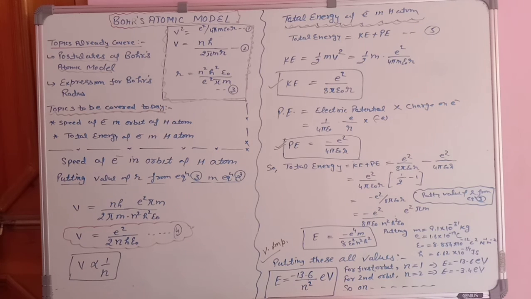If first orbit, n equal to 1, its value will be minus 13.6 electron volt. Second orbit, n equal to 2, minus 3.4 electron volt. Then third orbit, fourth orbit, fifth orbit, and so on. Whichever orbit they have asked, you put that value.